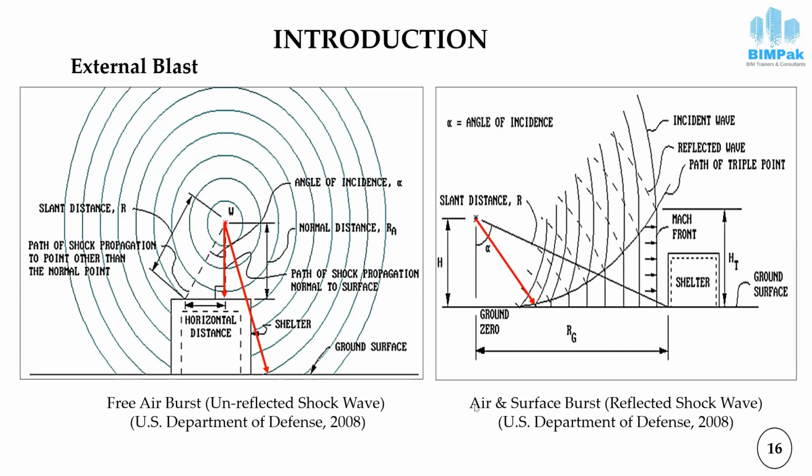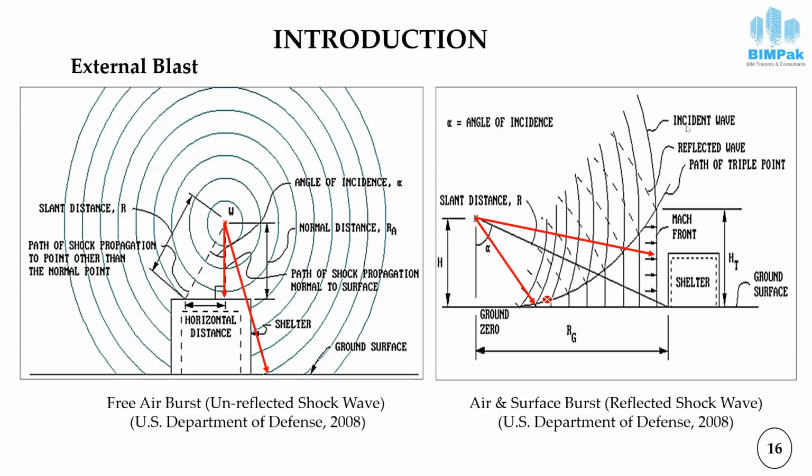Whereas in case of air burst and surface burst, the distance of the explosive material from the ground is less than the distance of the explosive material from the target. In this case, the shock wave will first hit the ground and then proceed to the target. So two types of waves will proceed to this target.